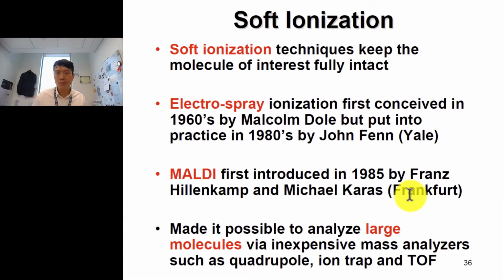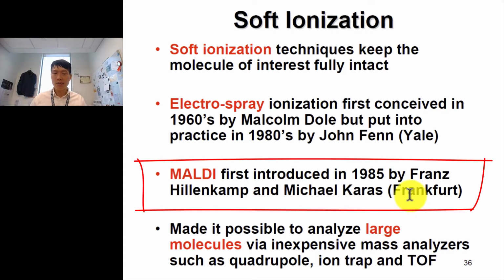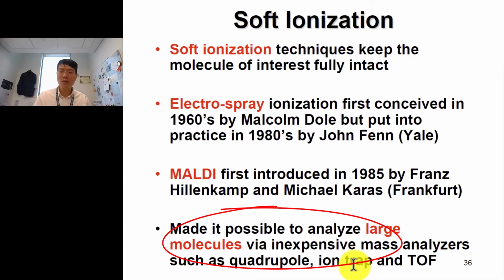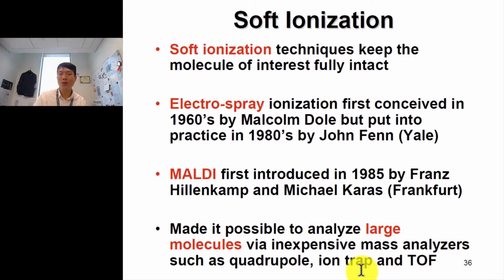For MALDI, it was first introduced by a scientist called Franz Hillenkamp in 1985, before you were born, and Michael Karas in Frankfurt, Germany. And it made it possible to analyze large molecules by an inexpensive mass analyzer like the quadrupole ion trap. Take note here, it's not even the QTOF, not the QQQ, just the quadrupole ion trap. Today we have the QQQ, QTOF, the triple quadrupole.